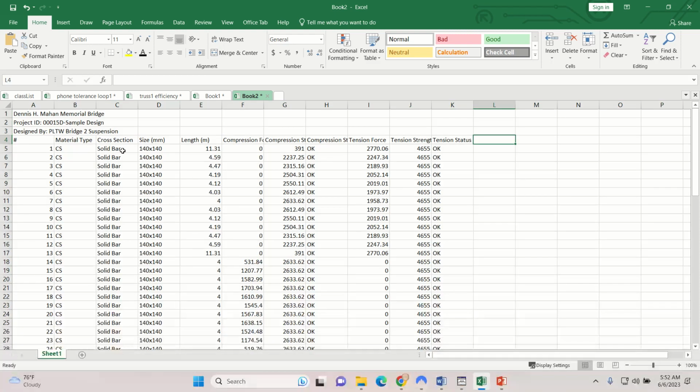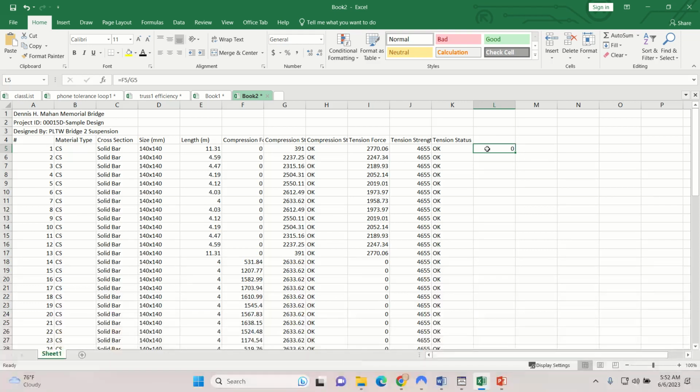All right, so these are all my numbers. These are the sizes. I just did solid bar, carbon steel, to make it easy. This is the compression force and strength. So I need to do this ratio to see what percent they are. Right here, I do enter, compression force divided by compression strength, and hit enter.